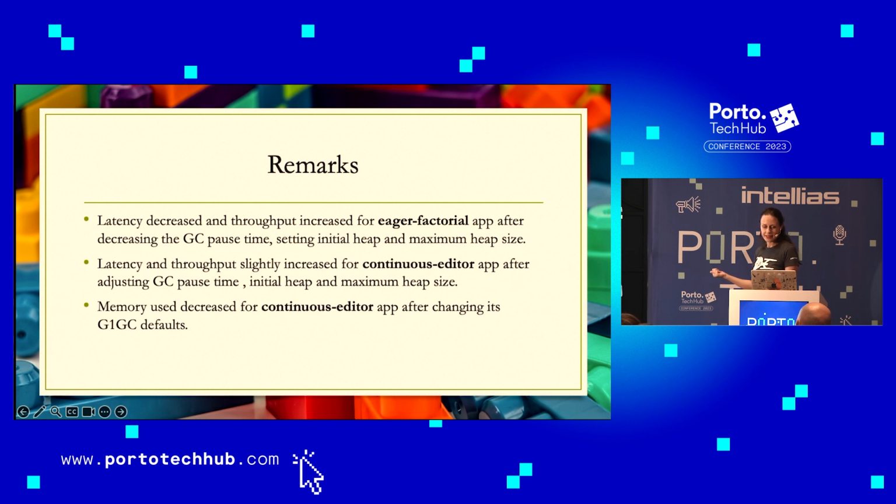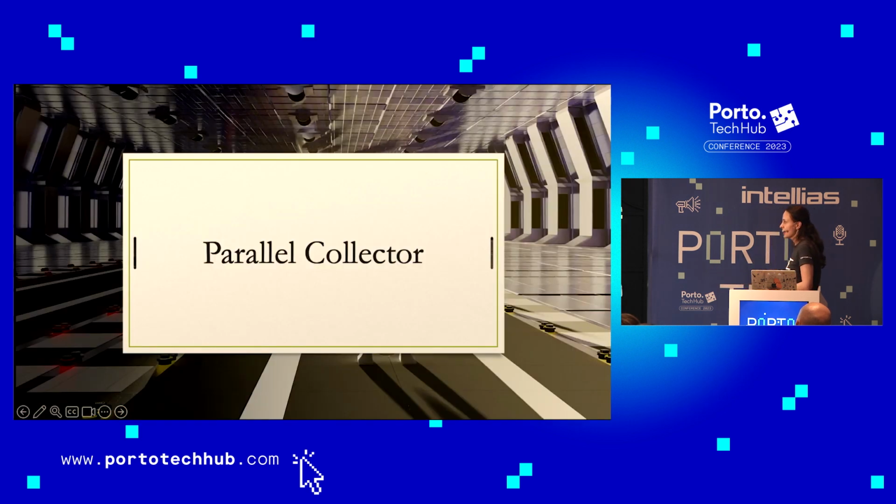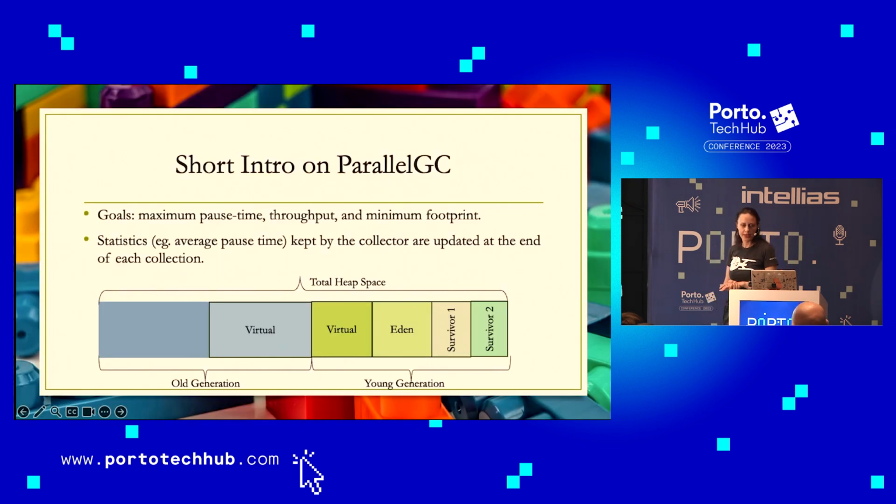However, let's look at applying the parallel collector to the same setup. The parallel collector, also known as the throughput collector, has three goals: the maximum pause time goal, the throughput goal, and of course the minimum footprint goal. And it achieves those goals in sequence.